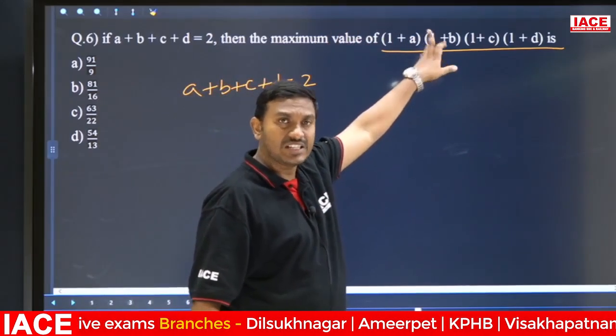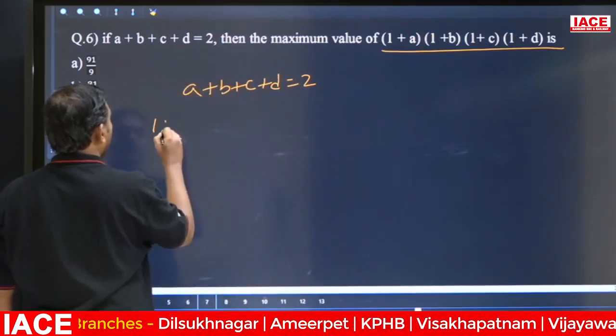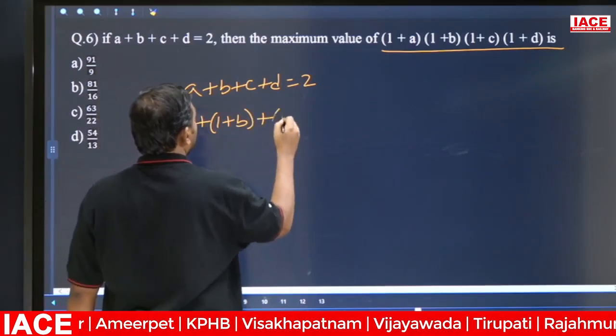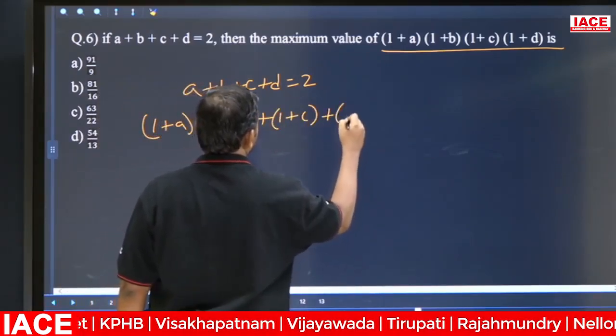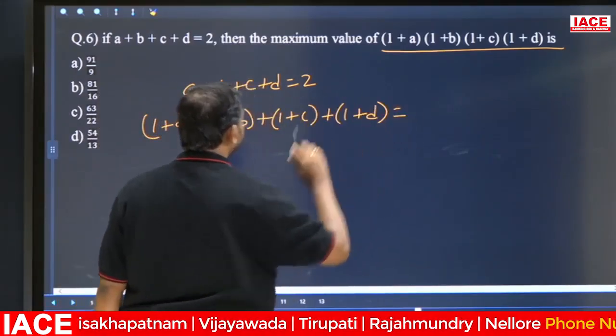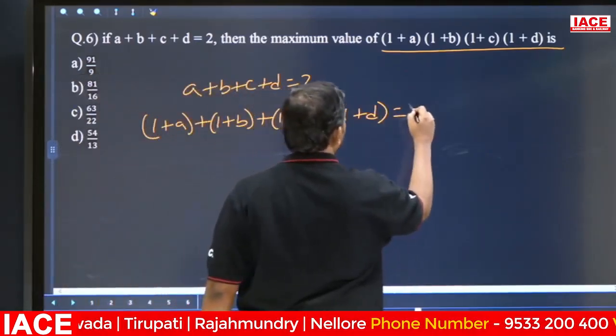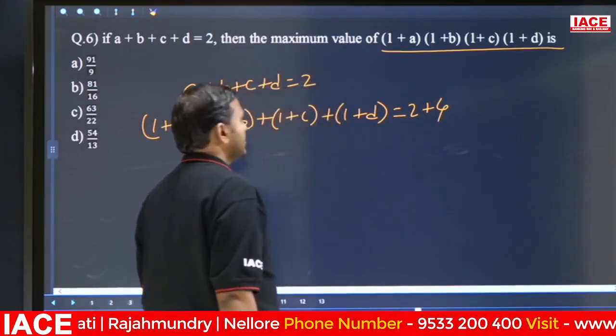To convert into the required expression, we have to write 1 plus a plus 1 plus b plus 1 plus c plus 1 plus d, like this, equal to 4 on this side. Once we added 4 on this side, we also have to add 4 on that side, right? That is how much?